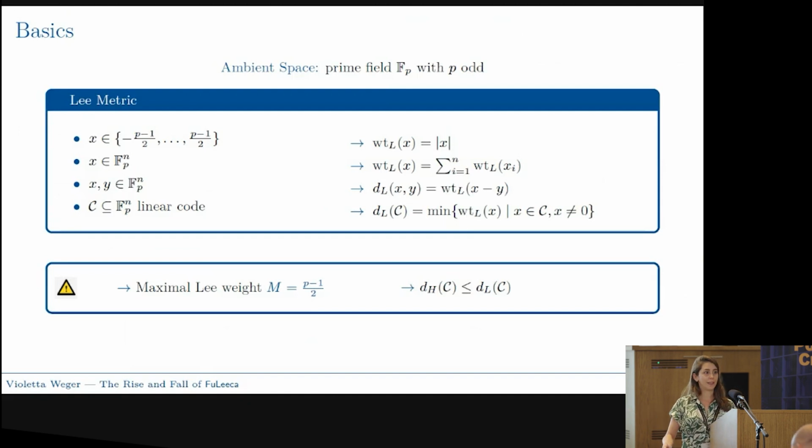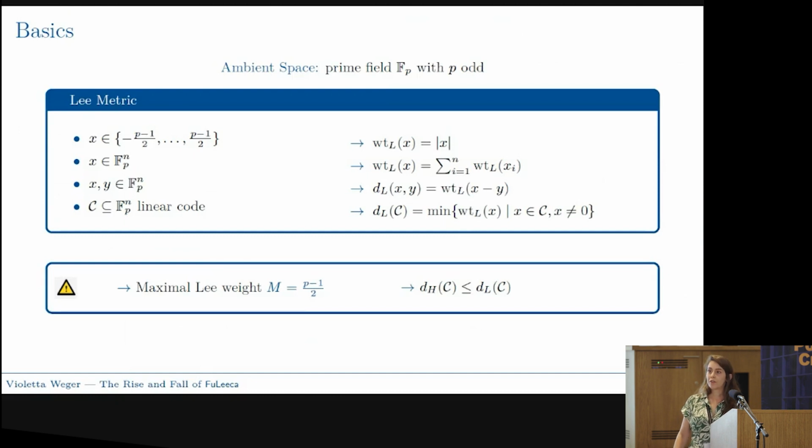This induces a distance. And if you want to look at the minimum distance of a code, it's defined in the usual way. You take the minimum Lie weight of all your non-zero code words. Great. So somewhere in the slides, I'm surely using this capital M. That just means the maximal Lie weight that we can have in our finite field, which is (p minus 1)/2.